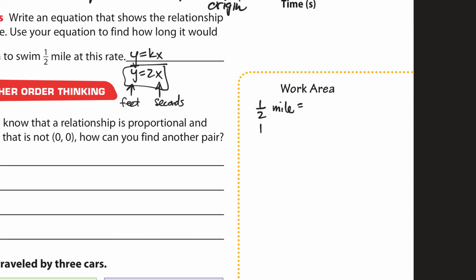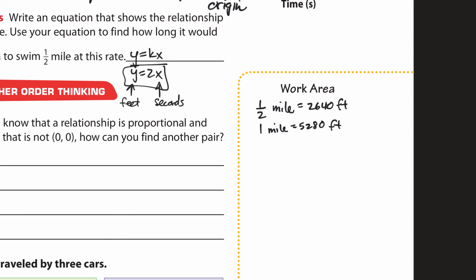Well, 1 mile is equal to 5,280 feet. So a half mile has to be half that, which I think is 2740. I'm just going to check with my calculator, because I did that in my head. 5280 divided by 2. Oh, 2640. Yeah, good thing I checked that. So it's 2640. That makes sense.